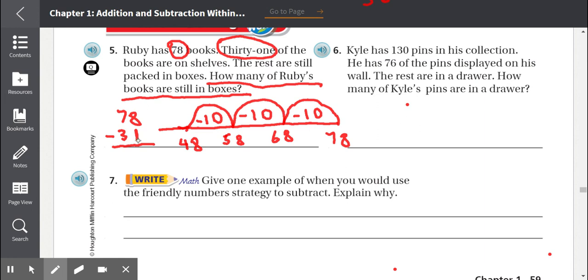But we have to get to 31. Now we can just do minus 1. So 48 minus 1 is 47. So the difference is how many of Ruby's books are still in the boxes? 47. And if we solve it using the place value, 8 minus 1 is 7. 7 minus 3 is 4.